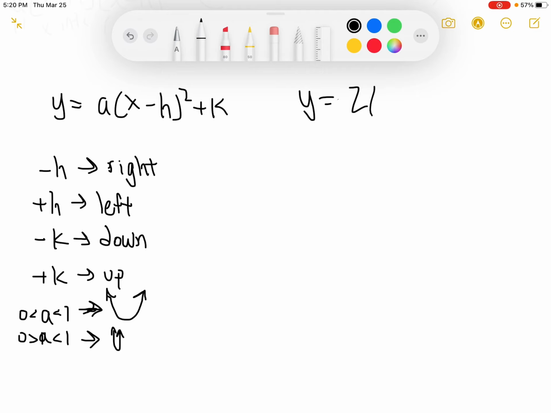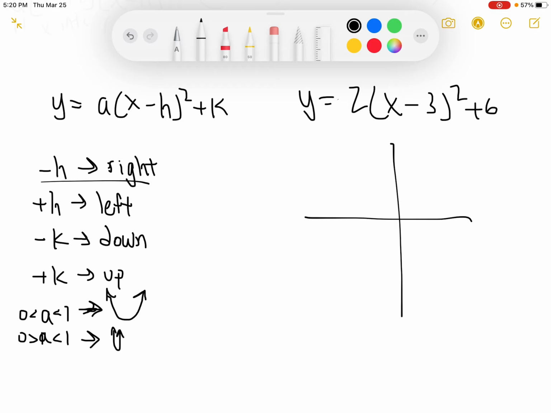So let's have an example. Let's say we had this. First thing, how much is it going to go to the left? I mean, is it going to go to the left or right? Since it's negative, it's going to go to the right. How much? 3. So 1, 2, 3, right here. Well, actually, never mind.